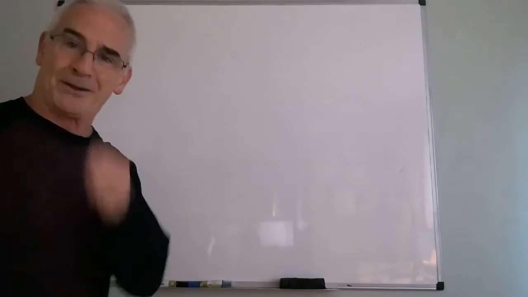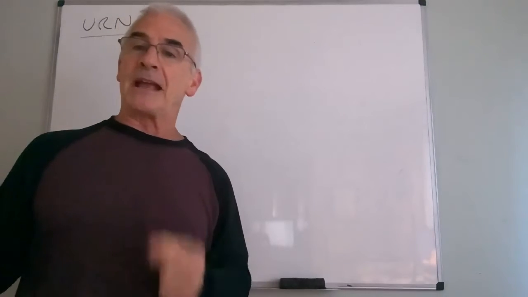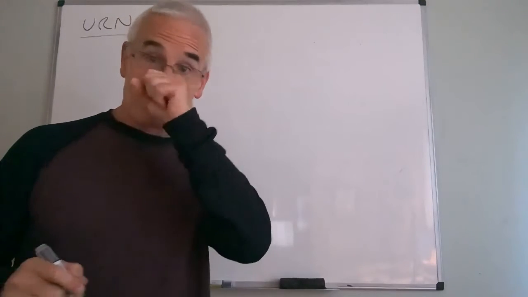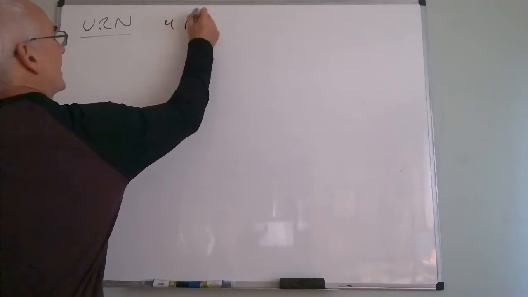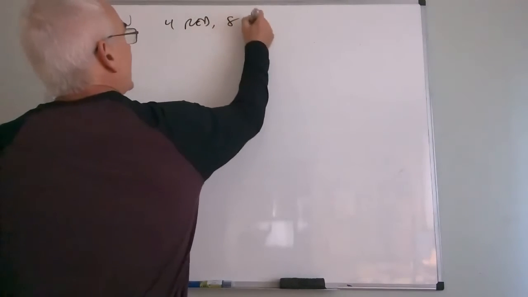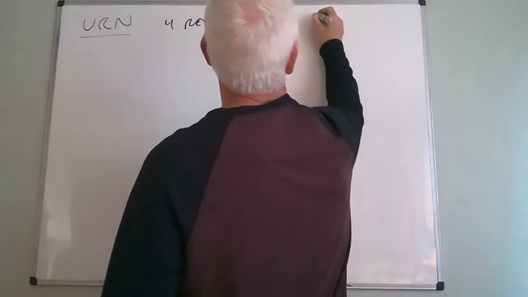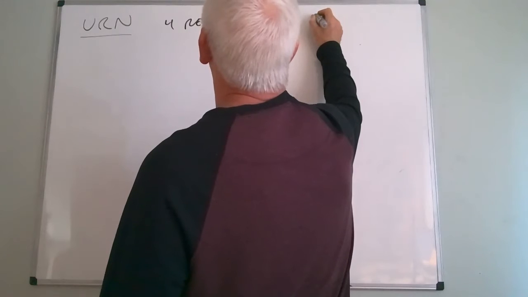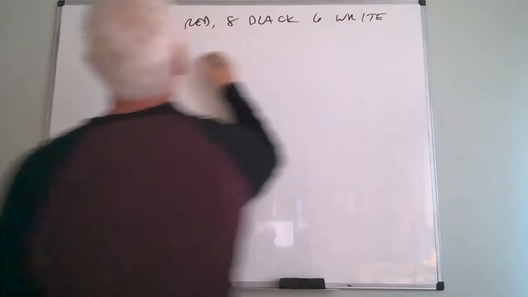So I have an urn. It's a jar, it's a bowl, whatever you want to think of it as. And I'm going to have colored marbles in my urn. Let's say in my urn, I've got 4 red, 8 black, and about 6 white marbles.